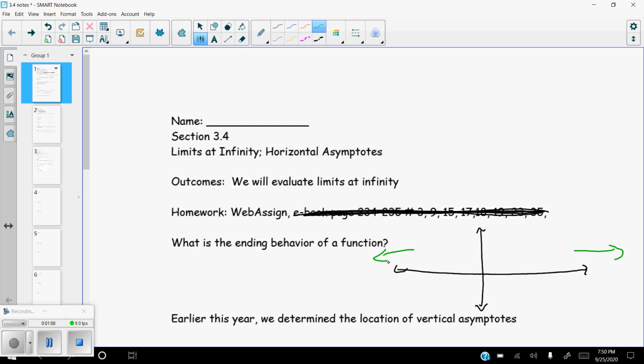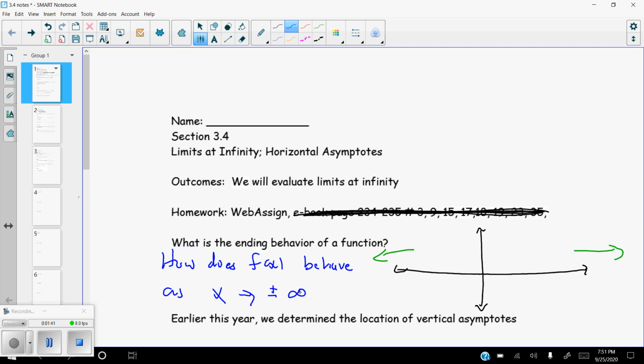We'll tend to draw things so that we can get a good visual of them on the graph, but it's really what is happening at the ends. How does f of x behave as x approaches positive or negative infinity?